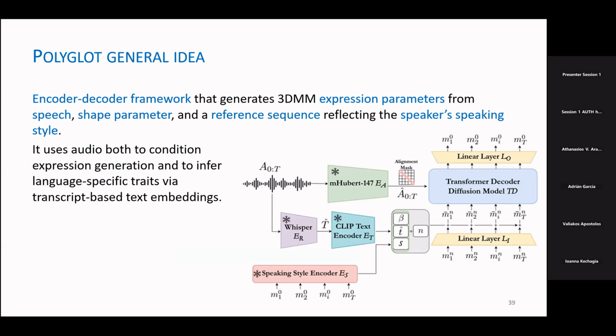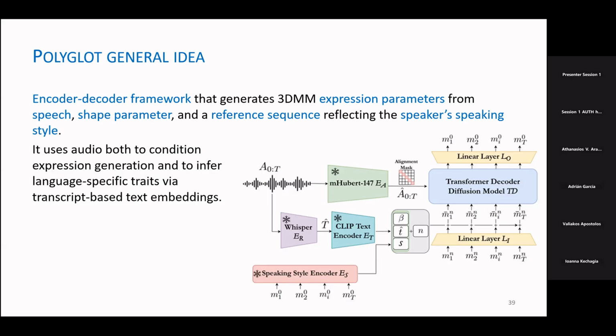The first one is based on mHuBERT, and this encoder is basically for the speech. In the other examples we used Wav2Vec, and here we use a different way to embed the speech into a latent representation, which resulted more effective in this work than Wav2Vec.